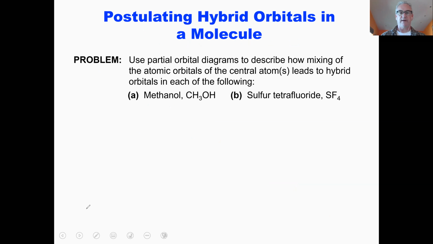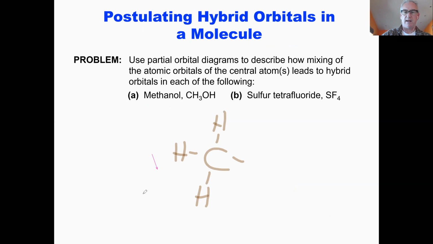Now, let's have a look. Let's see what we can do with a couple of these different molecules. First, we've got methanol. So I've got a carbon, and it's going to be connected to 3 hydrogens and an oxygen.